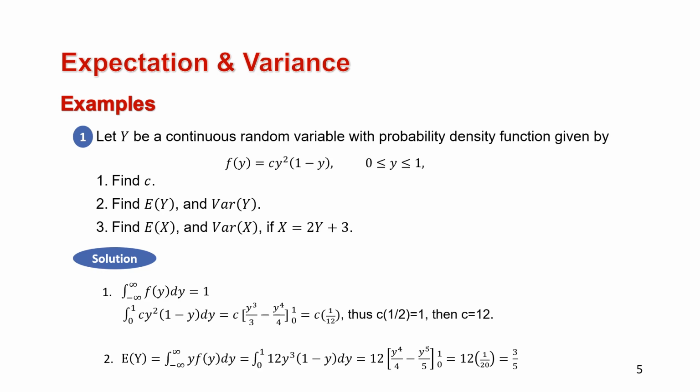Again, multiply y cubed times this bracket, but then I will have 12. 12 will be outside the integration. Y cubed minus y to the power 4. The integration of y cubed is y to the power 4 over 4, and the integration of y to the power 4 is y to the power 5 over 5. Let's substitute 0 and 1, but then I will have 1 over 4 minus 1 over 5, which is 1 over 20 times 12, but then the expected value of y equals 3 over 5.